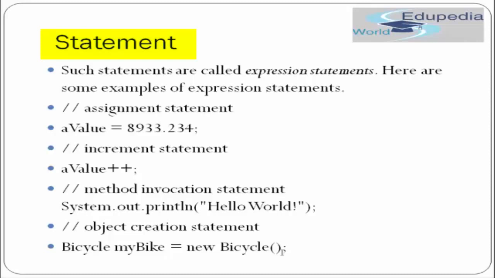You can see a value and we are assigning some value. Then we have an example of an increment statement where we are incrementing the value of a value. Then we have a method invocation statement where we are doing System.out.println and actually we are invoking a method. Then we have an object creation statement in which we are creating an object of the Bicycle class.